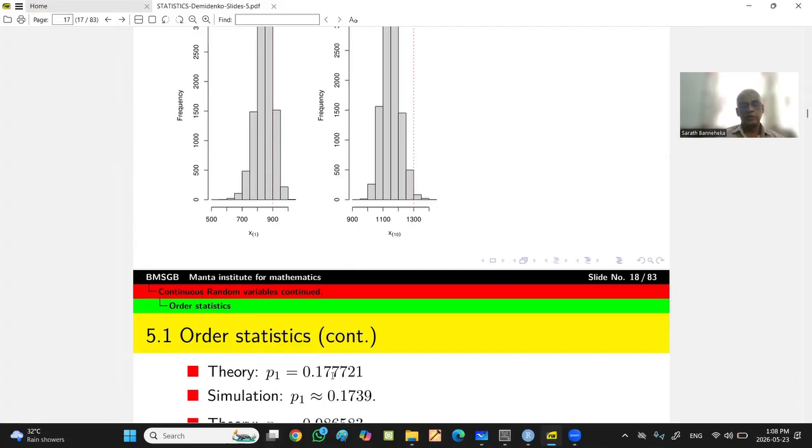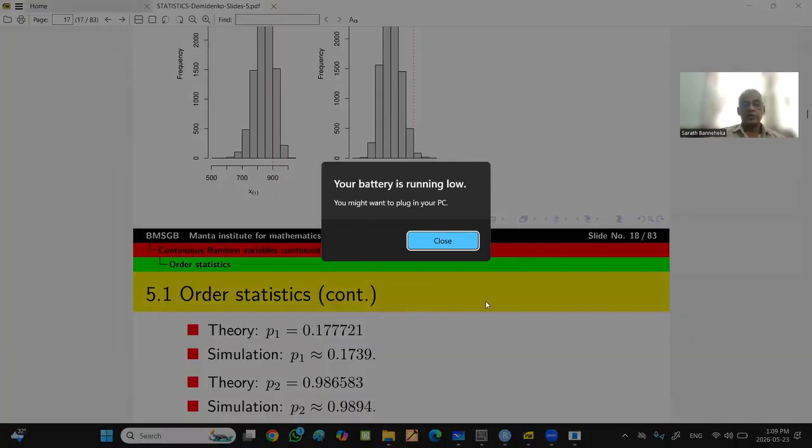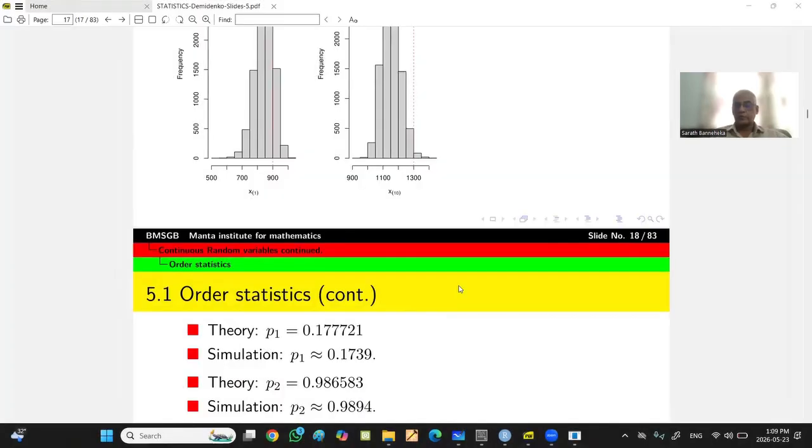You can see that the answer is very similar up to 2 decimal places. And for the second question, again, you can see the theoretical value and the simulation value are quite close. Theoretical value is 0.98. Simulation value is also 0.98. So the answer is close up to 2 decimal places.